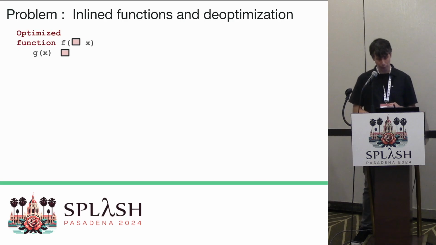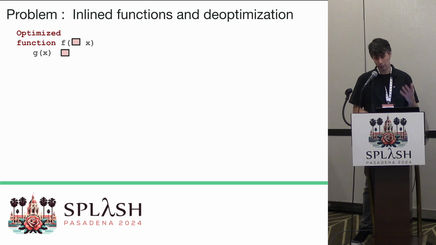So the problem is as follows. Say we are compiling the f function for the brown compilation context, and while doing that, we are also calling g with x, so it's the same type.